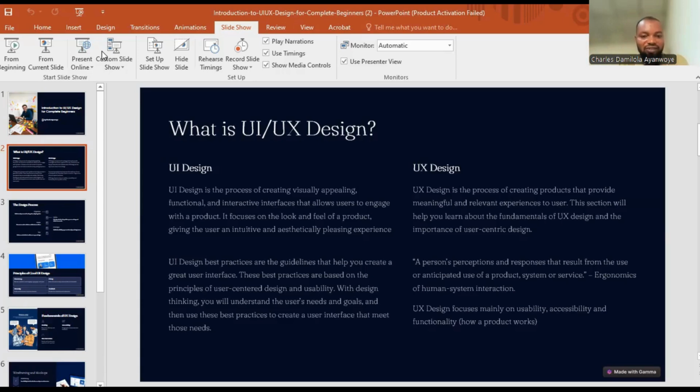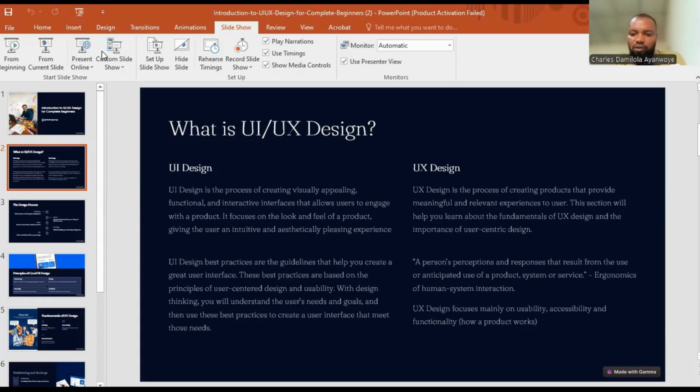But when you interact with them, you see that they're nothing to write about. So UX is more of how the product works, while UI is more of how the product looks and feels. This UX section will help you learn about the fundamentals of UX design and the importance of user-centric design.